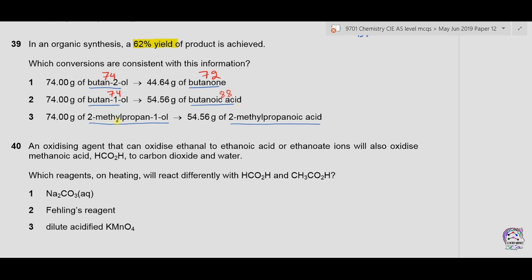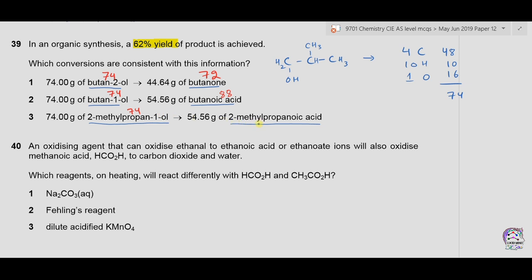Now we have 2-methylpropane 1-ol. Four carbon atoms, 10 hydrogen atoms, and 1 oxygen atom. So Mr is 74.